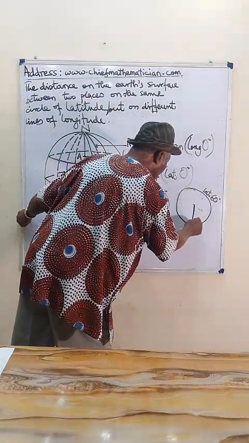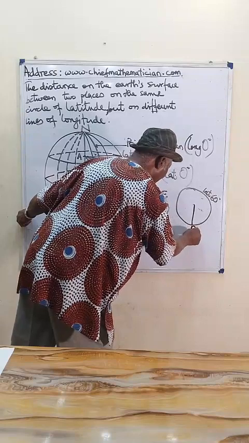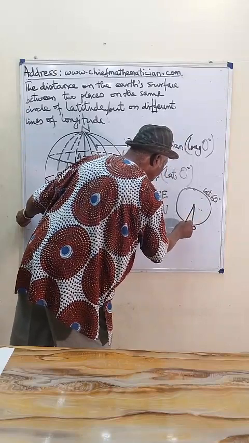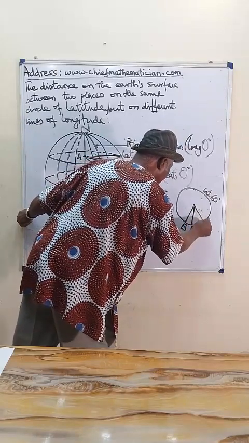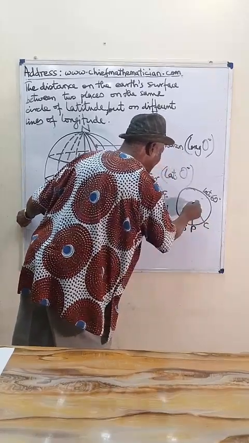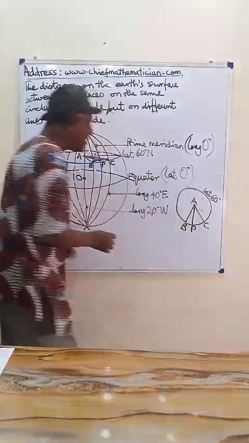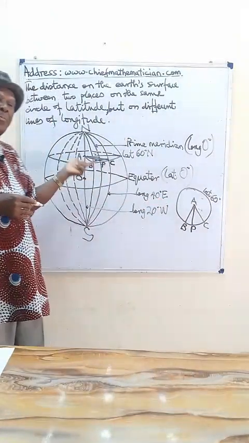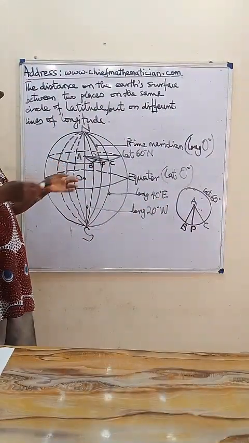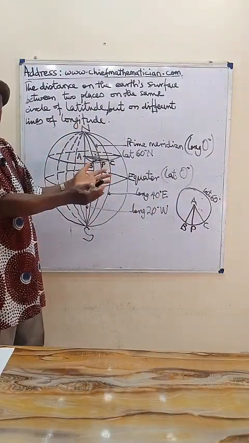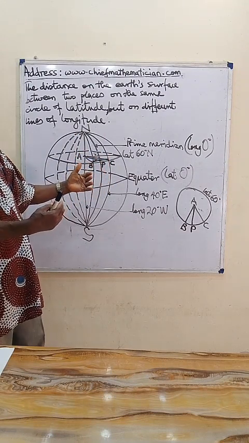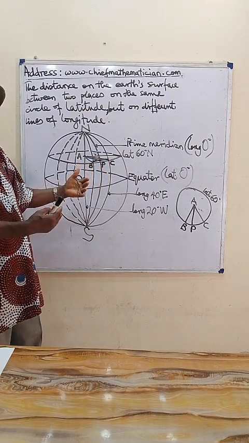You have this now. P is there, B is here, and C is there. A is here. Please take note, this diagram just represents the circle of latitude. I have lifted it out so that you can see clearly the position of these places.